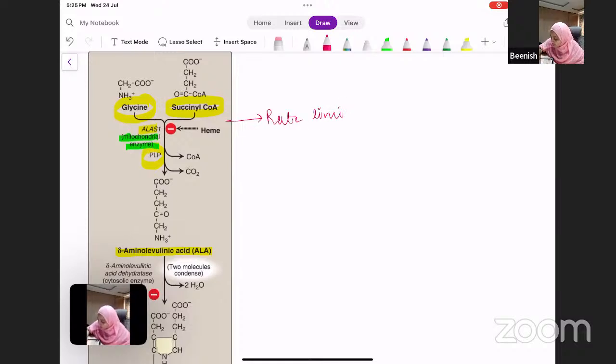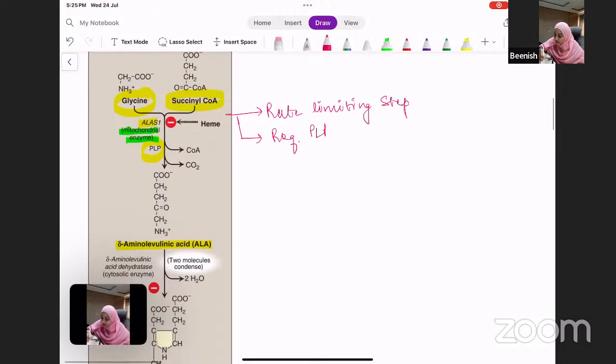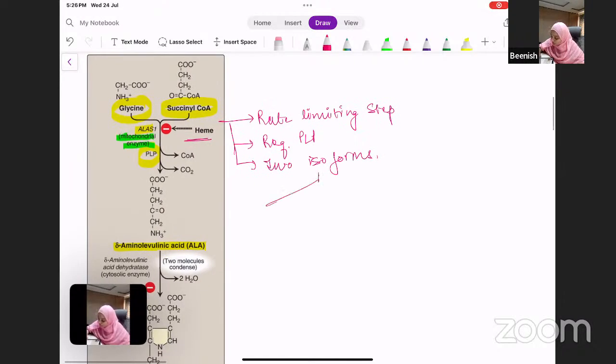PLP is required, and this step is inhibited by heme. This ALA synthase has two isoforms: ALA synthase 1, which is used here in this reaction, and ALA synthase 2.